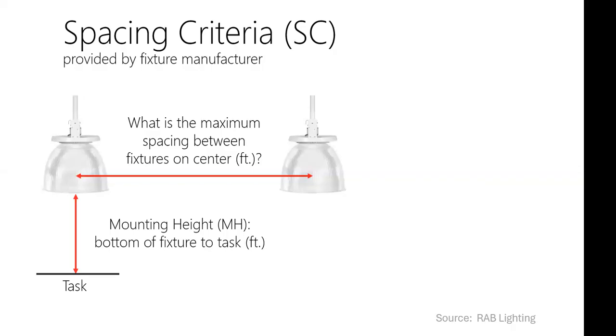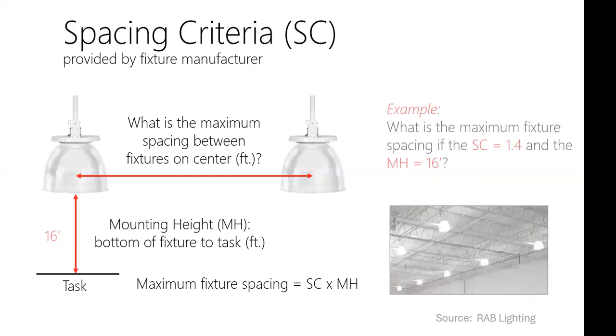So how does this work? The maximum fixture spacing is the spacing criteria times the mounting height. Let's look at an example. Here's a high bay luminaire. What is the maximum fixture spacing? The SC is equal to 1.4. On a specification sheet or in a photometric report, you will be given this 1.4, and the mounting height is 16 feet from the bottom of the fixture to the work plane.